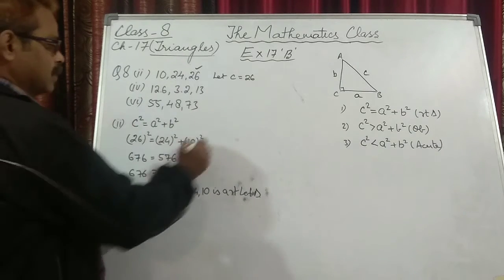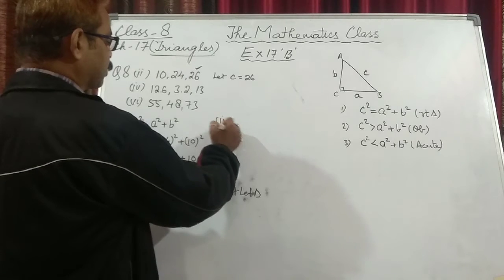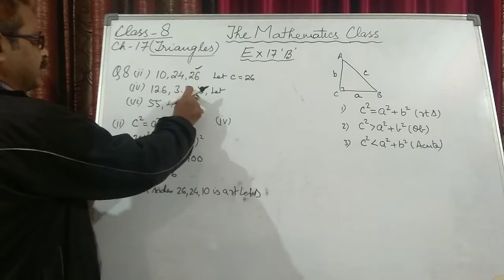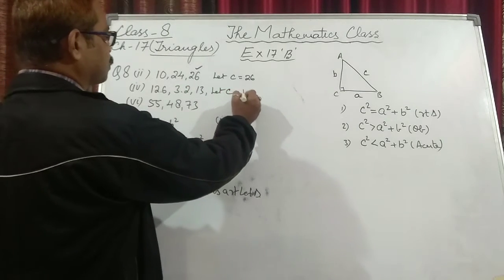Now similarly we will check the fourth part also. In this, what is the longest side? 13. So let C be equal to 13.